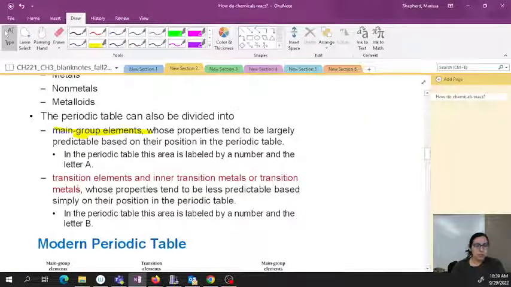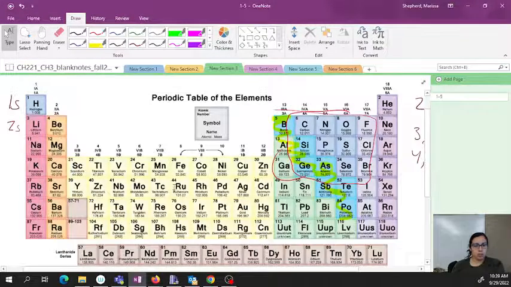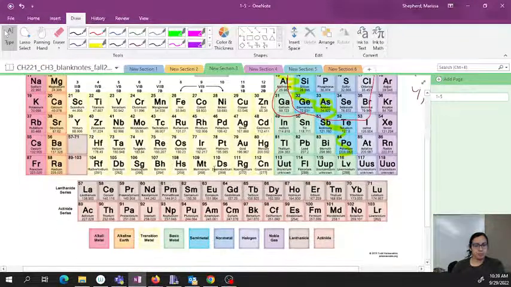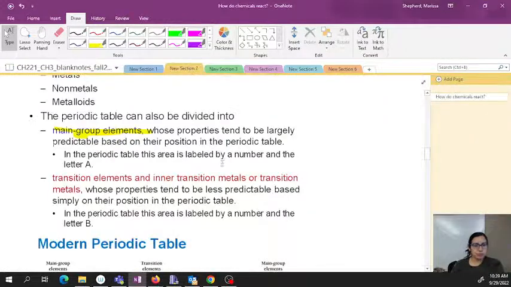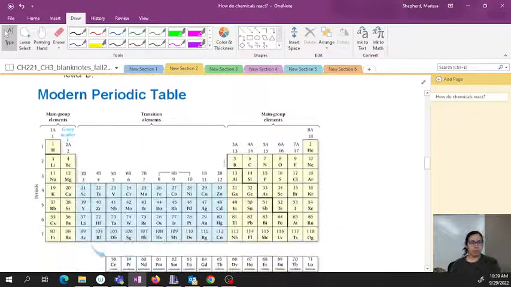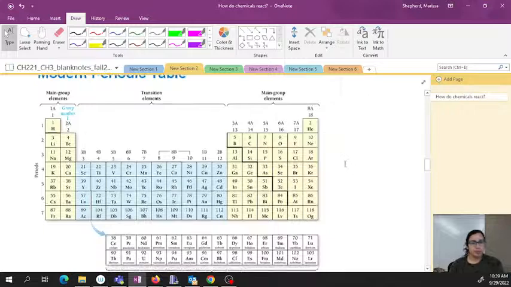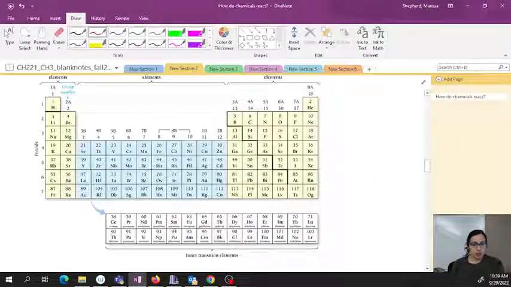And then of course transition metals. Those are just all here. And then these can be called inner transition metals. You usually just hear the term f-block metals, or lanthanides and actinides.